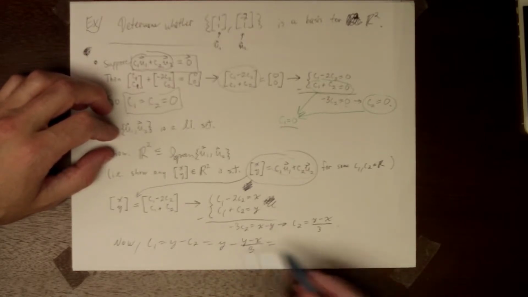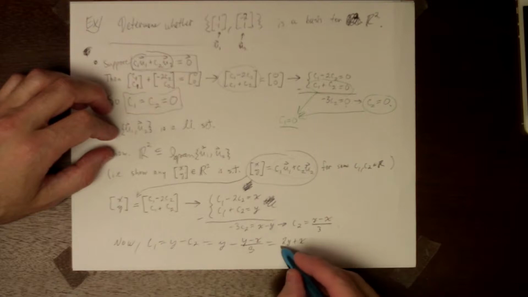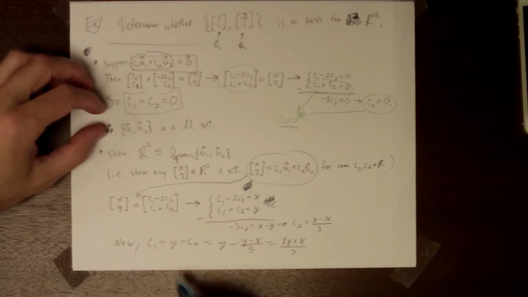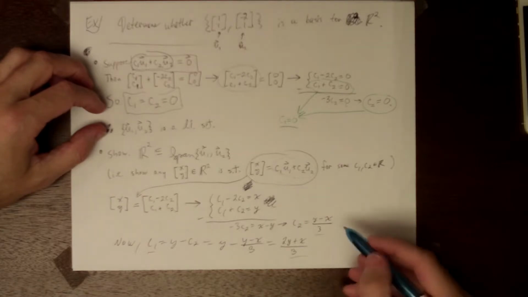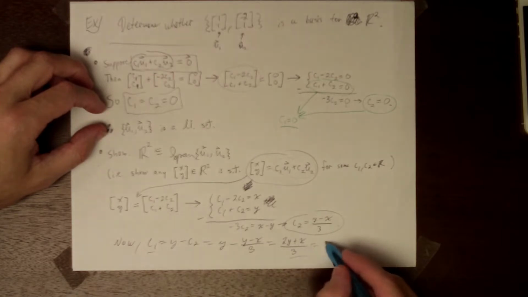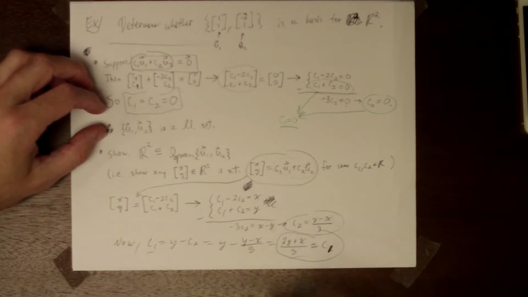Now you can just put these together, of course, and get (2y plus x) over 3. That's great. So C1 is this real number and C2 is that real number. So we have our C1 and C2 figured out.